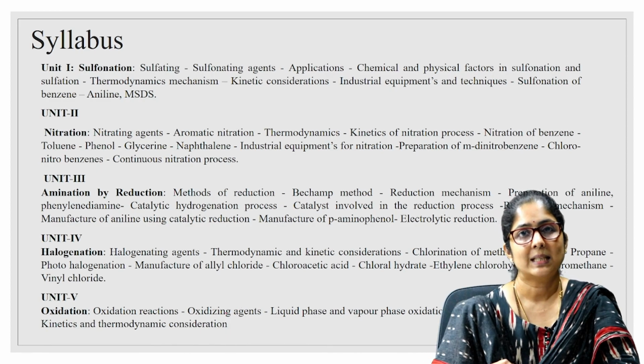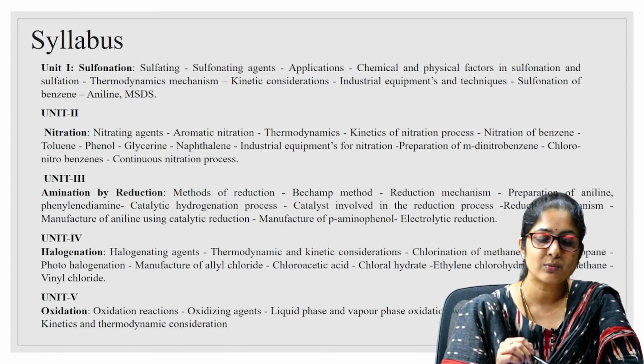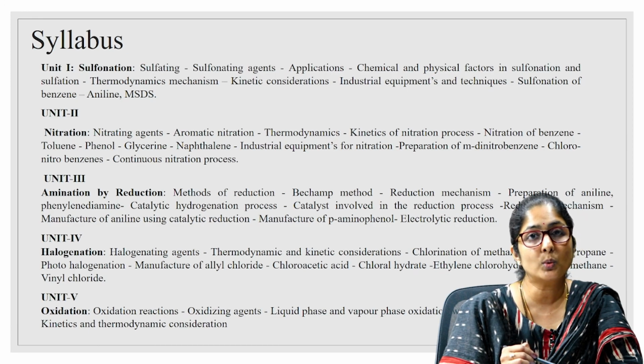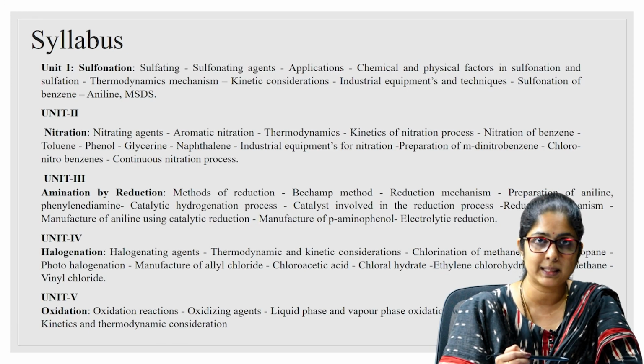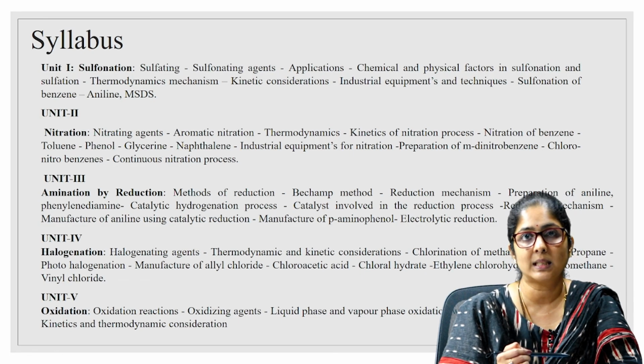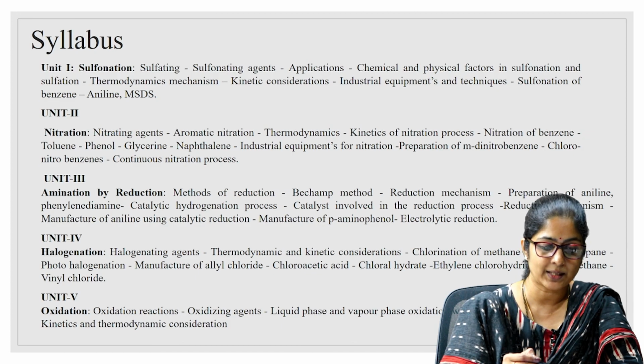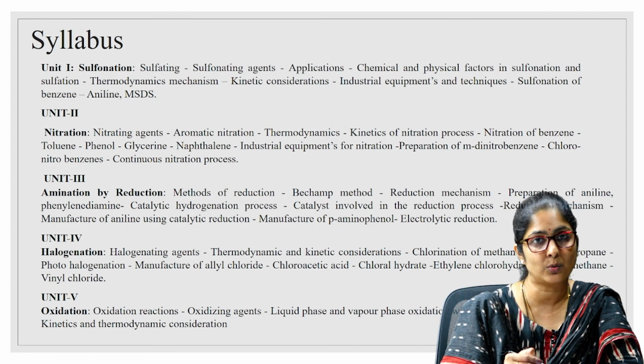Based on this introduction, we have included the following topics in your syllabus, which include the various unit processes used in chemical industries for synthesizing various products that we use in our day-to-day life. So we have sulfonation, nitration, amination, halogenation and oxidation.